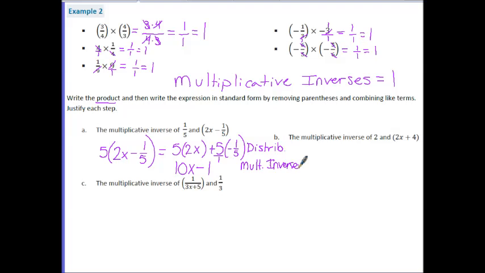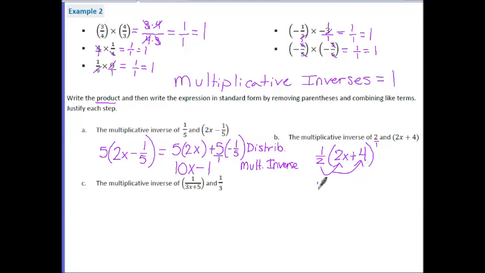Part B says to take the multiplicative inverse of 2. So again, I'm going to turn 2 into a fraction by putting it over 1, and then the inverse really means the reciprocal, so I'm going to flip these two. So this becomes 1/2 multiplied by 2x plus 4. So again, we're going to use the distributive property, multiplying this in.